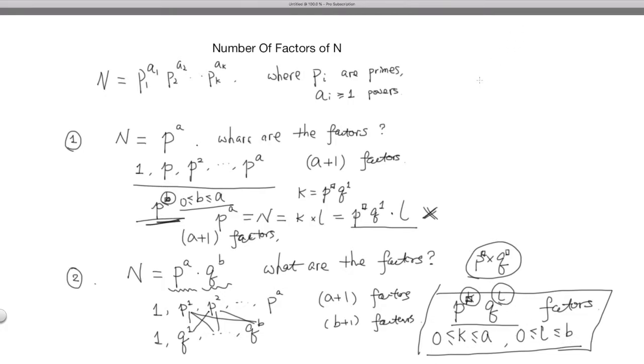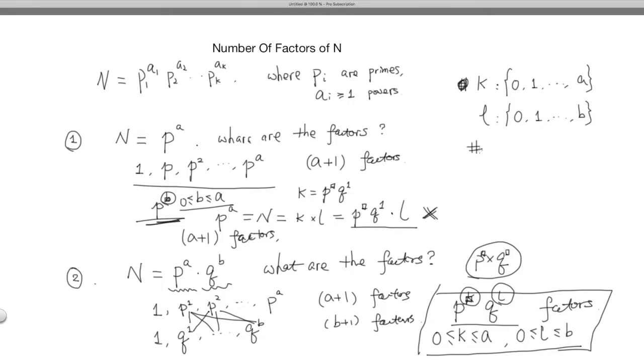So the number of possible k's is from 0, 1, all the way to a. And l is all the way from 0, 1 to b.